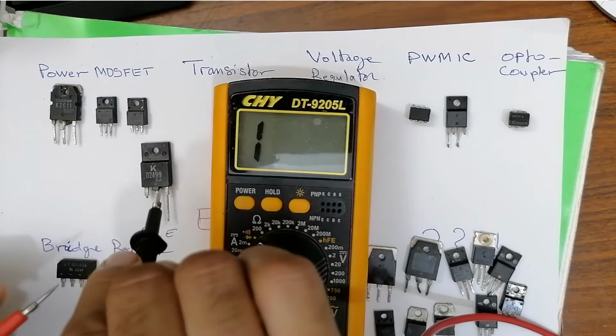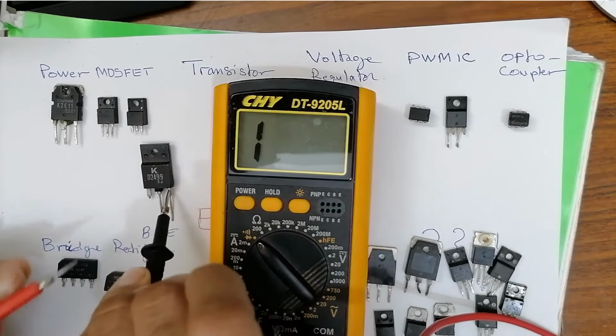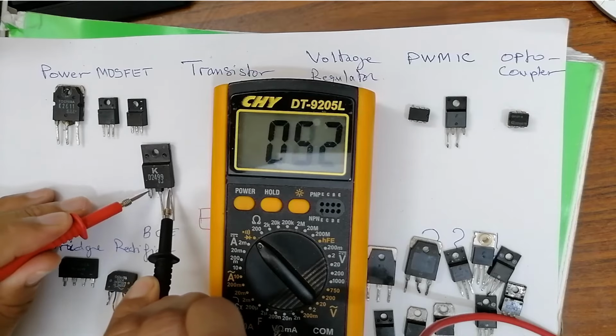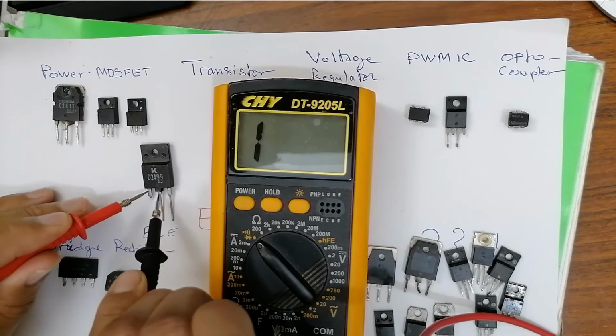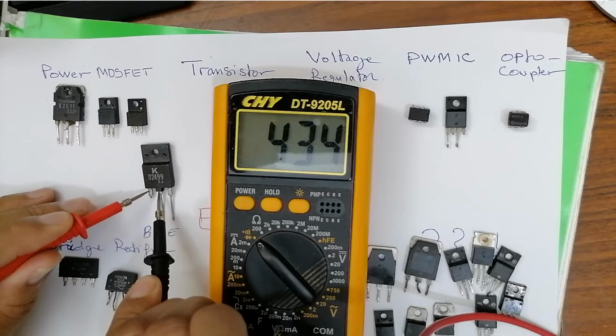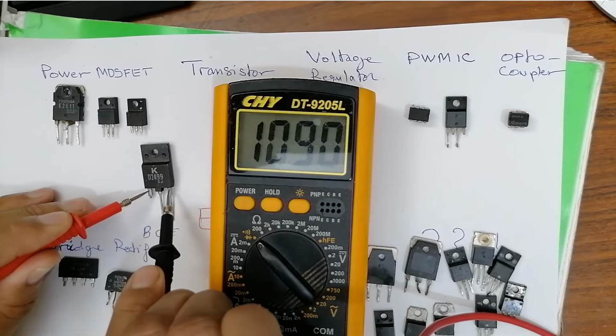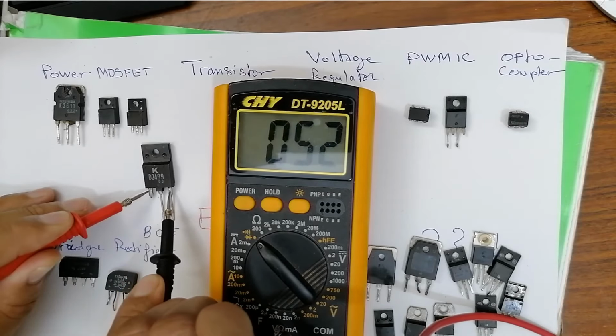Let's begin with the black probe here and the red probe here. We get a reading. Here, this is the right reading. Here we have a short circuit.